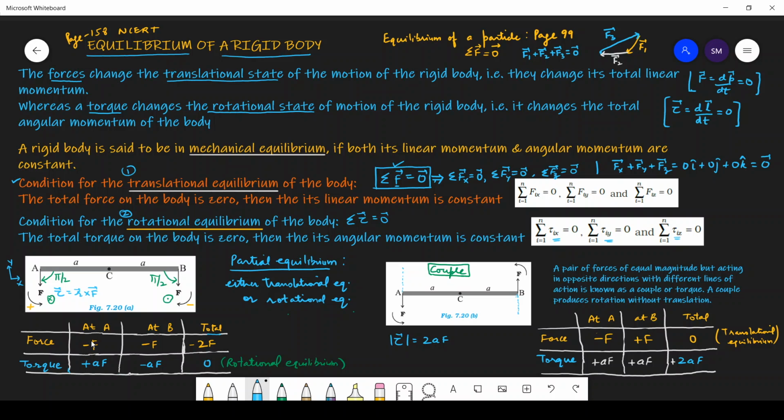We'll simply write like in rectilinear motion, one direction is positive and one direction is negative, like positive velocity and negative velocity. Similarly here, this direction is negative, so minus F, and this also minus F. Both forces are in the same direction, so minus F plus minus F is minus 2F. That's the net resultant force acting on this.